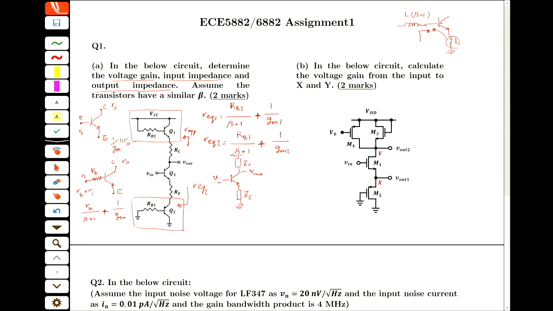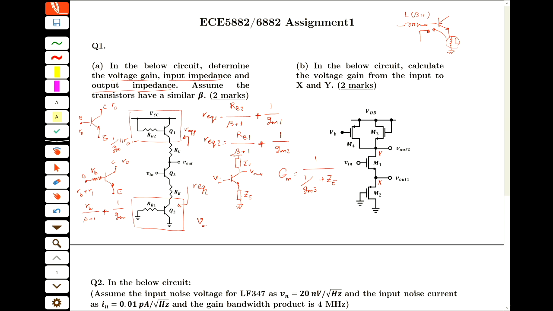If you have a degenerative impedance in the emitter, then the gain, the big GM, equals 1 over GM3 plus ZE. Okay, this is your big GM.